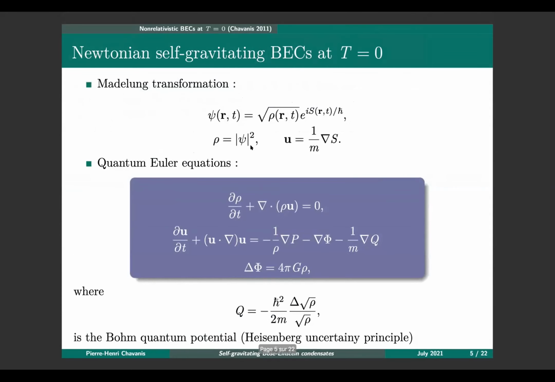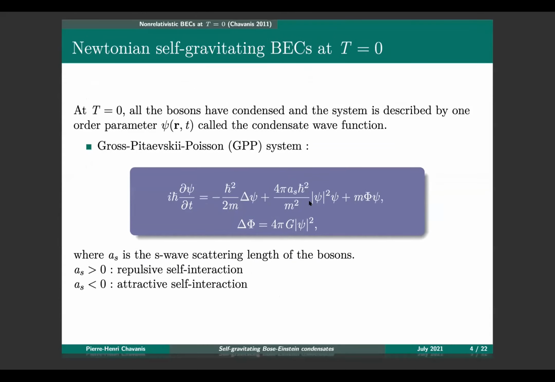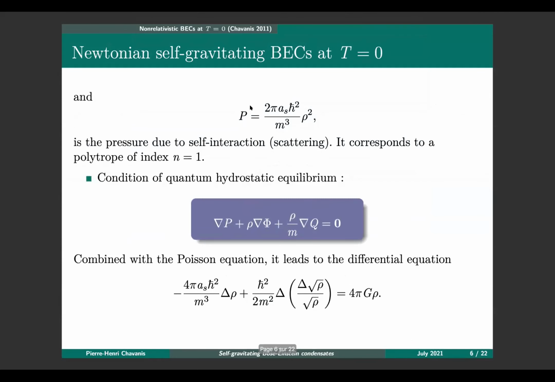And if we make the Madelung transformation, introducing a density given as usual by the square of the wave function and the velocity field related to the phase of the wave function, we can transform, and this is exact at that level, the Gross-Pitaevskii equation into fluid equations. In that case, the pressure P is related to the cubic term here, and it is exactly given by this expression. So if you assume the Gross-Pitaevskii equation, the equation of state of the system is exactly given by that.